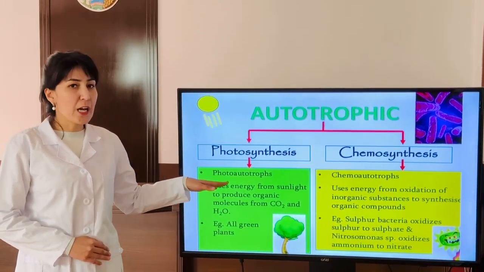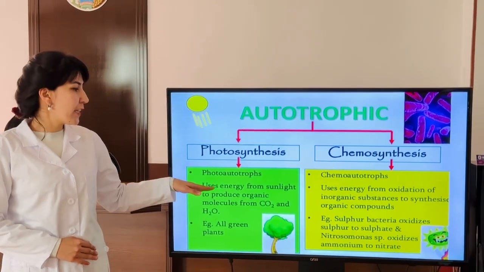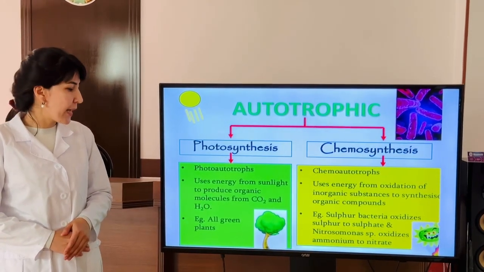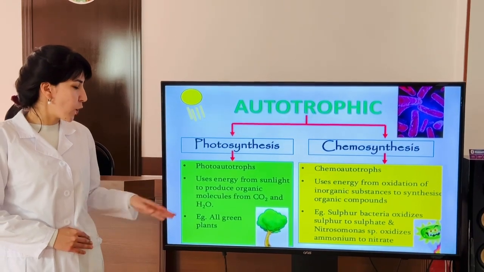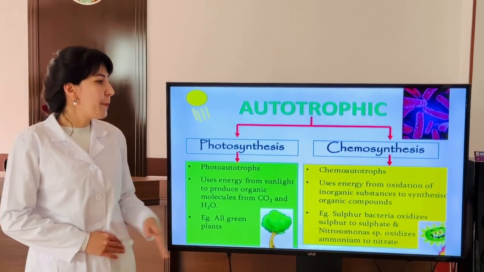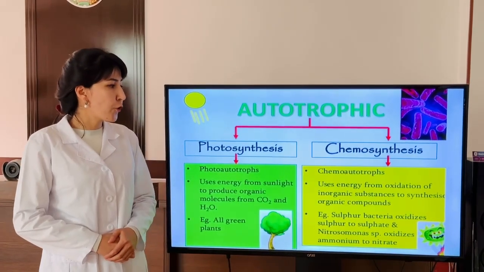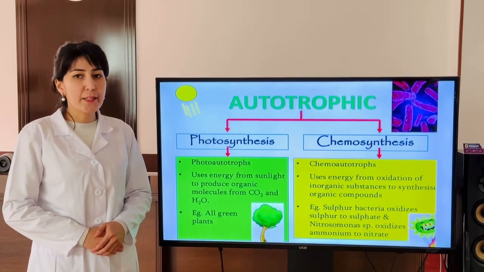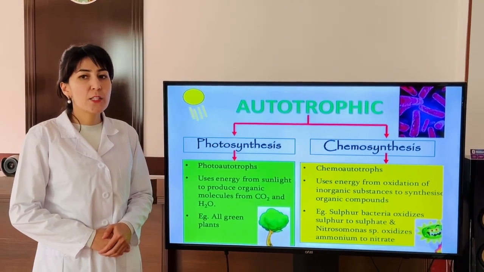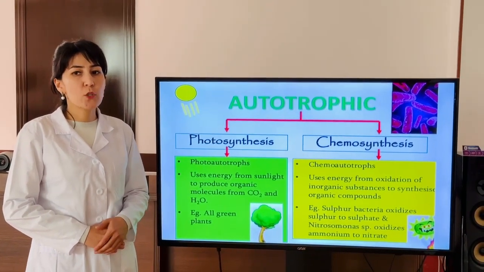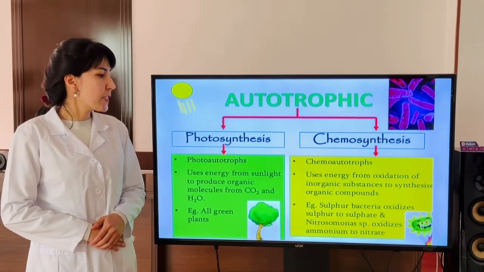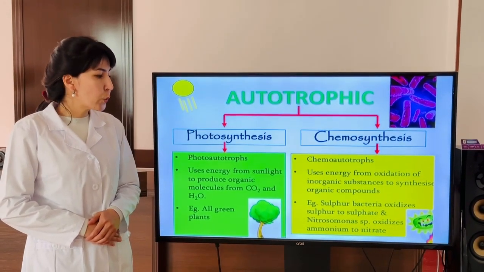Photosynthesis is done by photoautotrophs, which use energy from sunlight to produce organic molecules from carbon dioxide, and all growing plants depend on it. Chemotrophs use energy from oxidation of inorganic substances to synthesize organic components; sulfur bacteria oxidize sulfur, and nitrosomonas oxidize ammonium to nitrate.